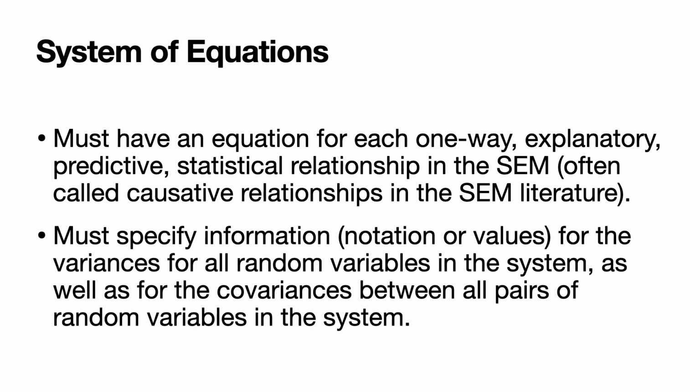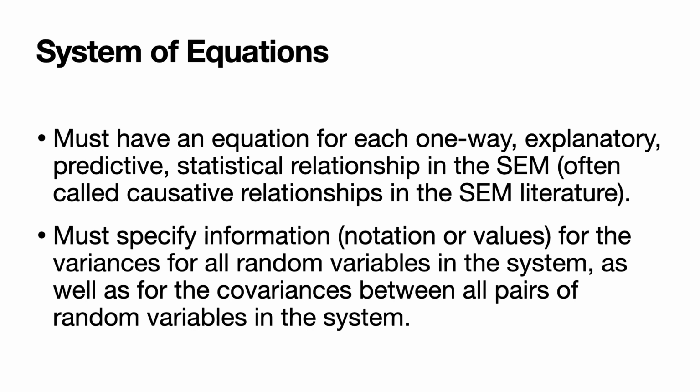Now, in addition, we must specify information for the variances for all random variables in the system, as well as for the covariances between all pairs of random variables in the system. And this information consists either of assigning notation to those quantities or, in some cases, imposing a constraint where we set those variances or covariances equal to particular values.